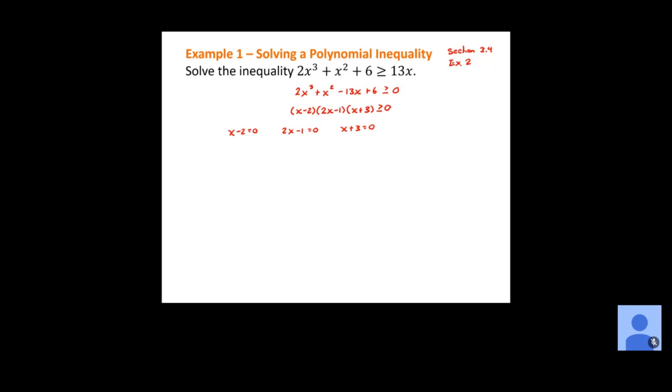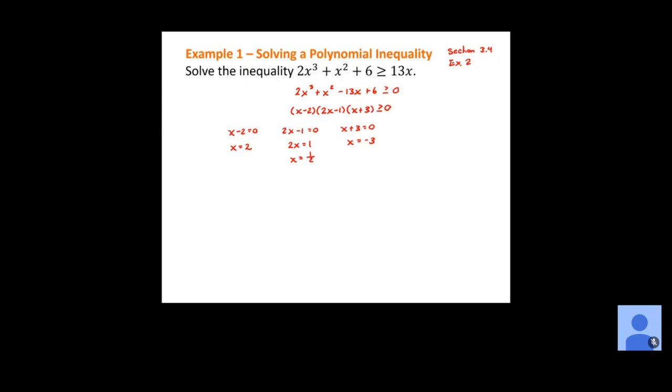Good, so we have x equals 2 here. This one we would add the 1 and divide by 2, so we get 1/2. And this one over here, we're just going to subtract 3 and get negative 3.